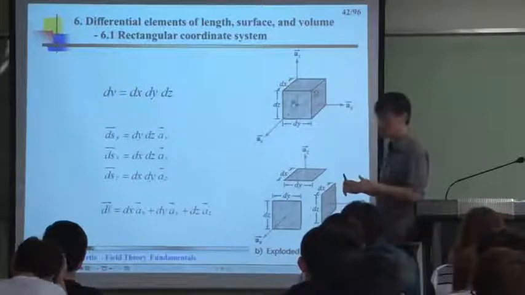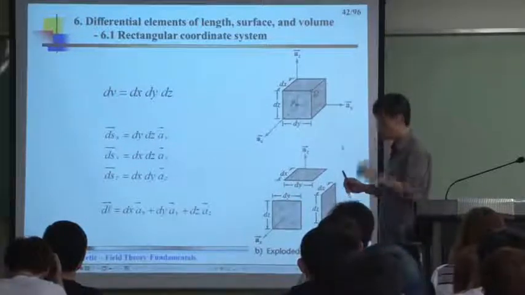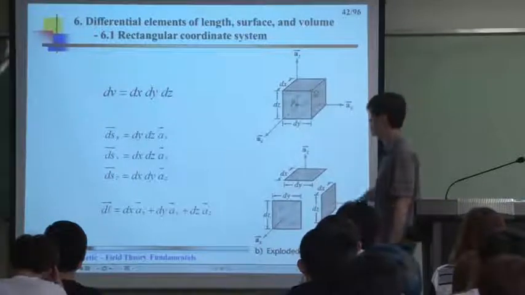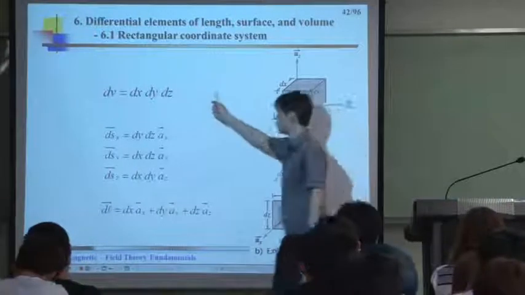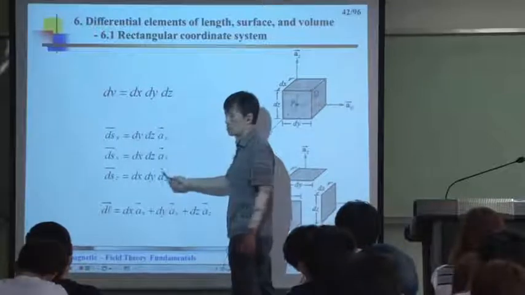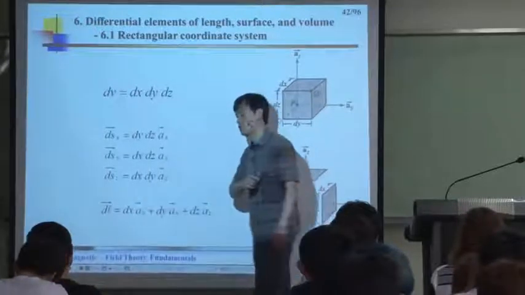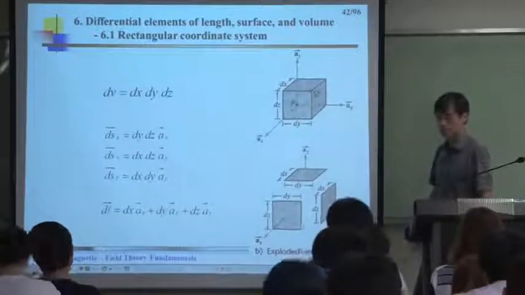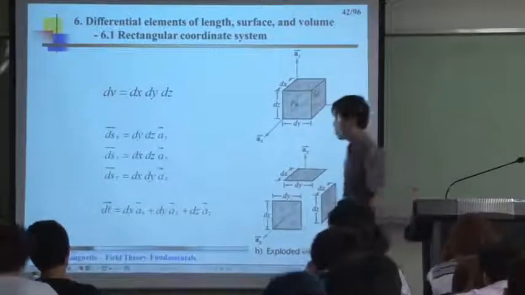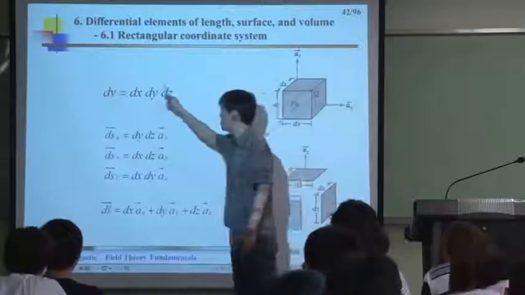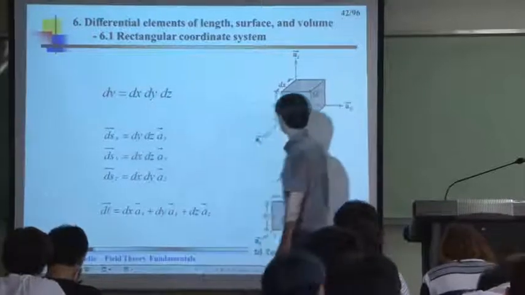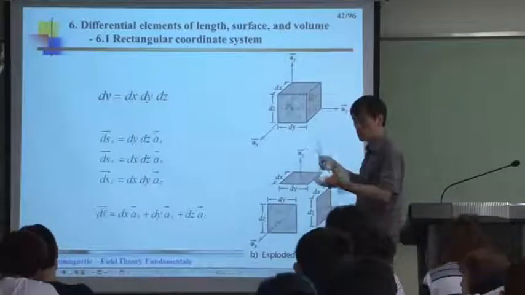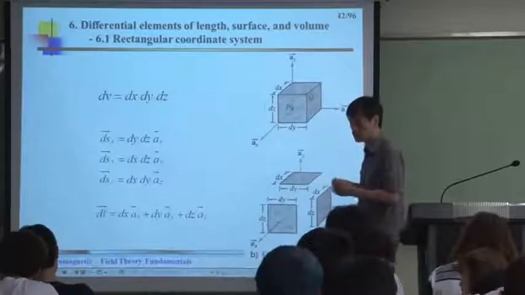In three-dimensional space, if you want to do the integration, 적분을 하려면은 체적에 대한 적분, 면적에 대한 적분, 그리고 길이에 대한 적분, 이렇게 달라진다. So, in case of the volume integration, for the volume, it does not have the information of the direction.